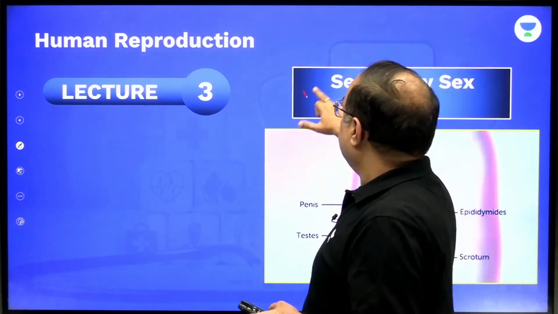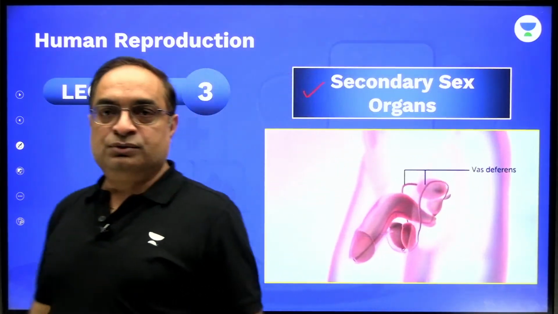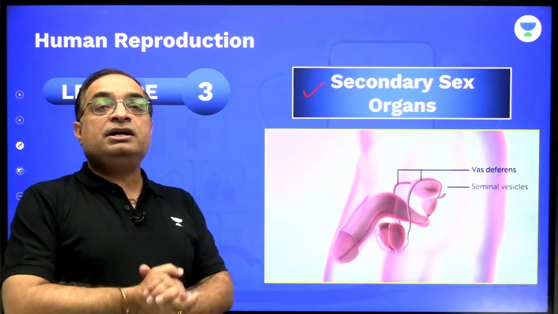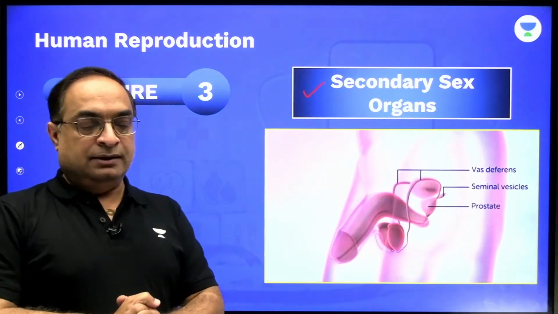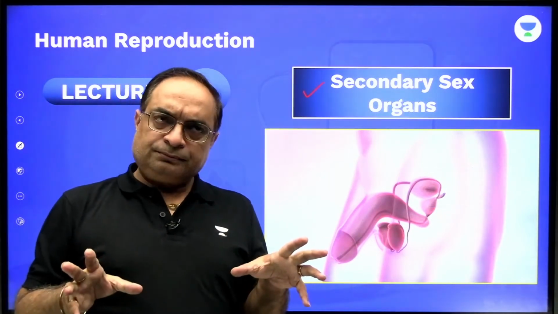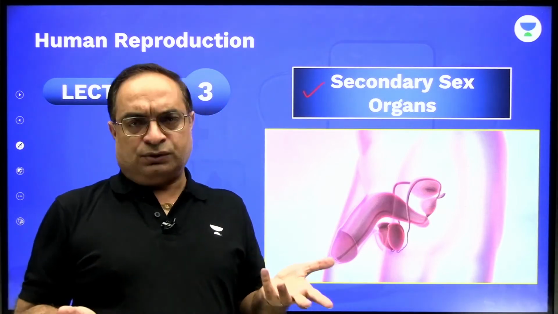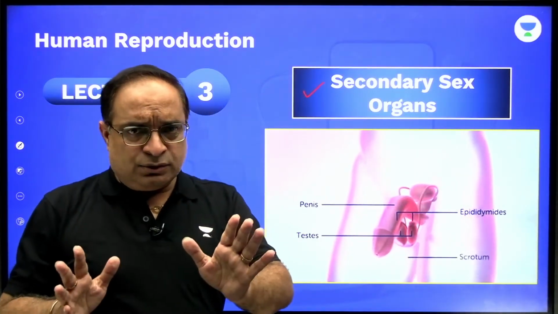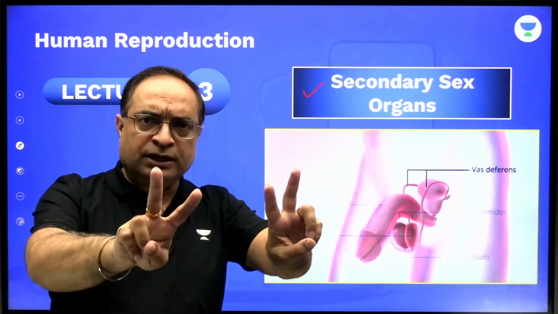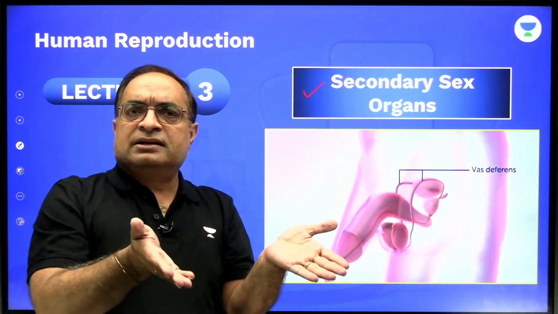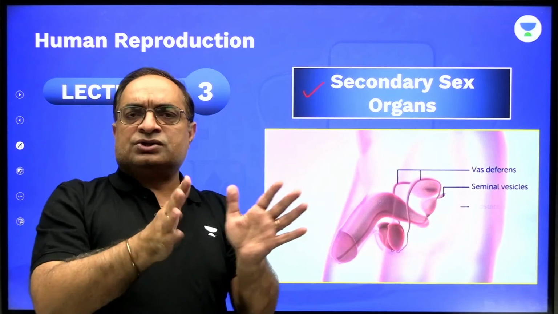So today we have to discuss the secondary sex organs of the male. If you remember, we discussed primary sex organs. Which are the primary sex organs? Testes. There are two testes located outside the main body cavity in a pouch-like structure called scrotum.